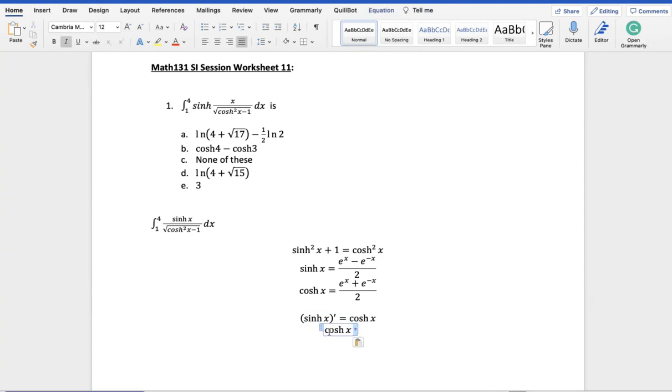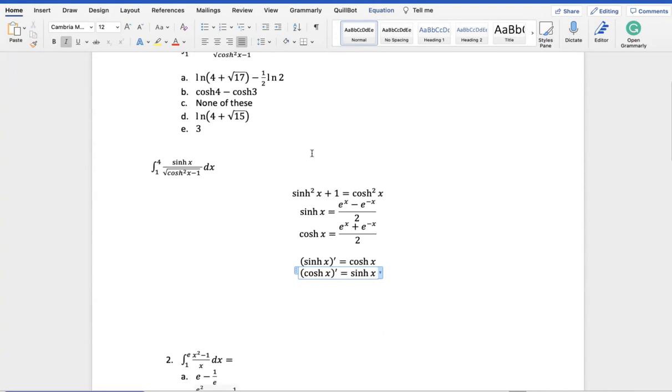So the derivative of the hyperbolic cosine is equal to the hyperbolic sine of x. So that is it. Now, based on these identities that I put here, what do you think we can suggest to solve this problem? Which one can we use, if any?